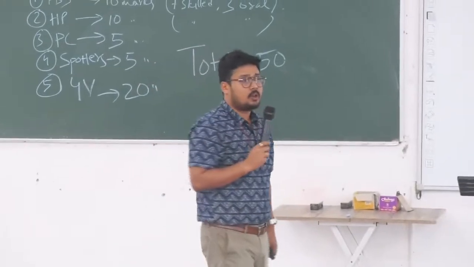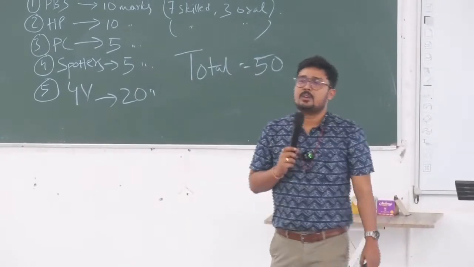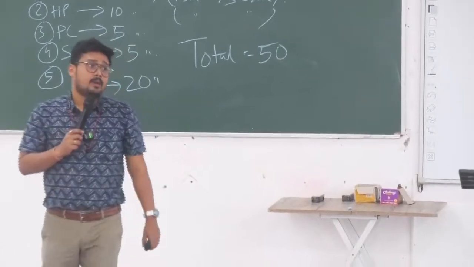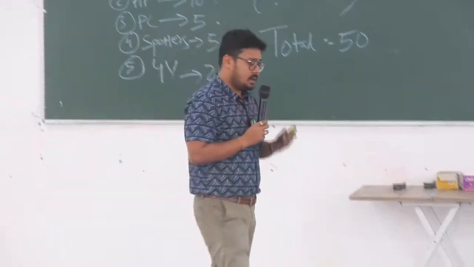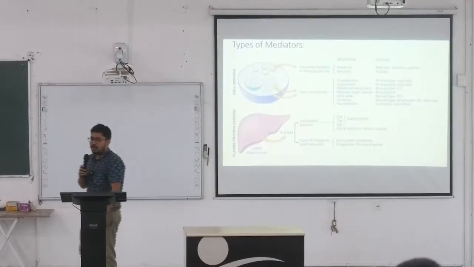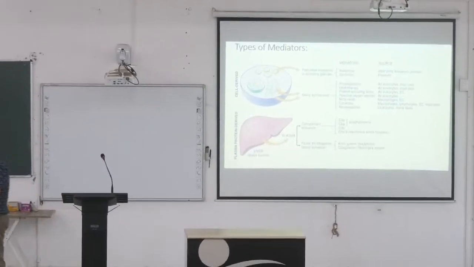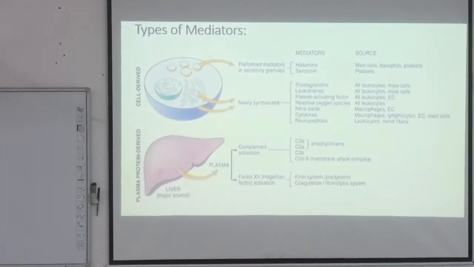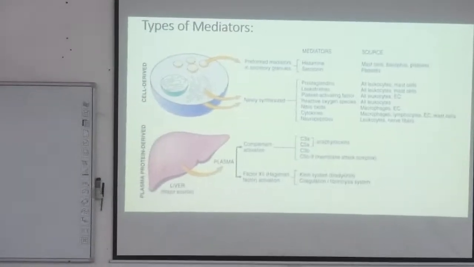Mediators of acute inflammation mostly come as a long question. Among the types of mediators of acute inflammation, there are two types: one is cell-derived mediator, another is plasma-derived mediator.